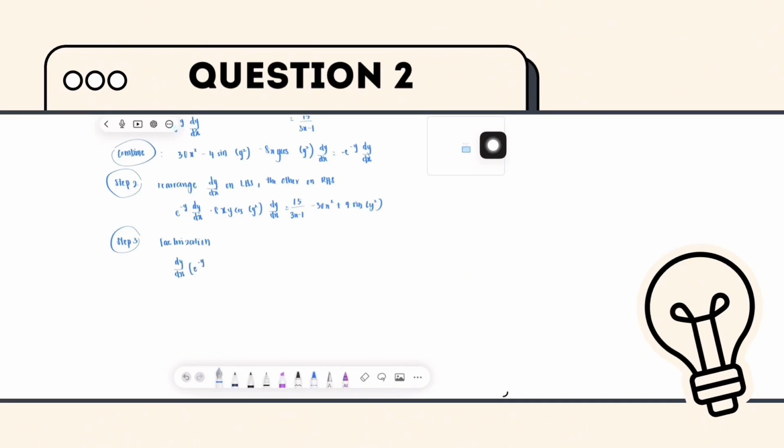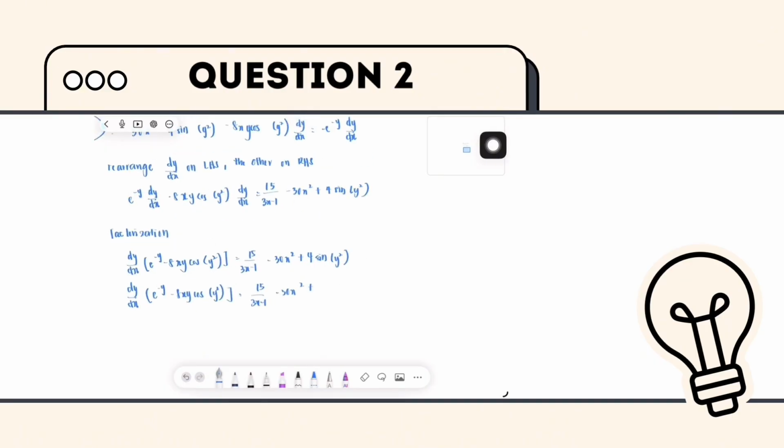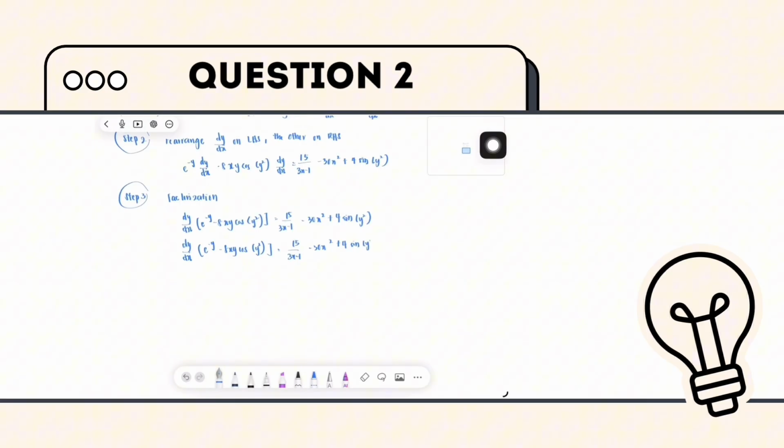This means factor out the common dy over dx term on the left hand side. Finally, divide both sides by the bracket term to solve for the final derivative.